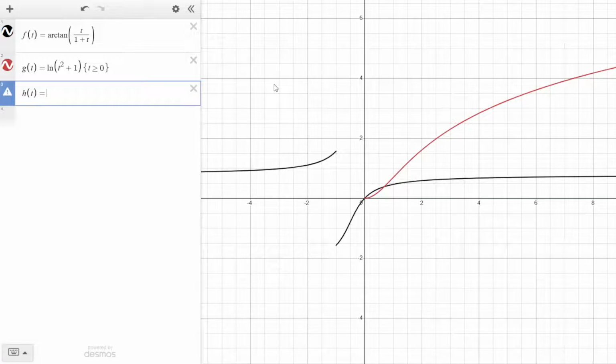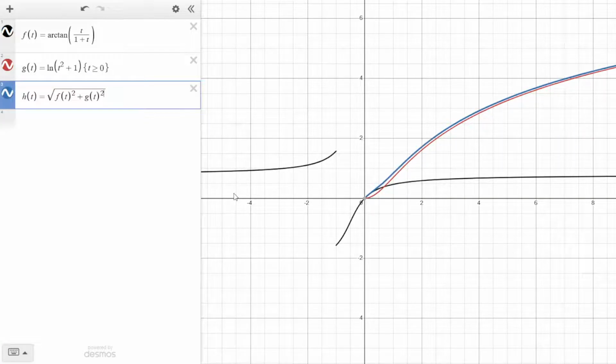So, whoa, I definitely wrote that wrong, and I'll go back and fix that when I get back to displaying the sheet of paper. So, h of t is going to be the square root of x prime of t squared plus y prime of t squared, so f of t squared plus g of t squared.